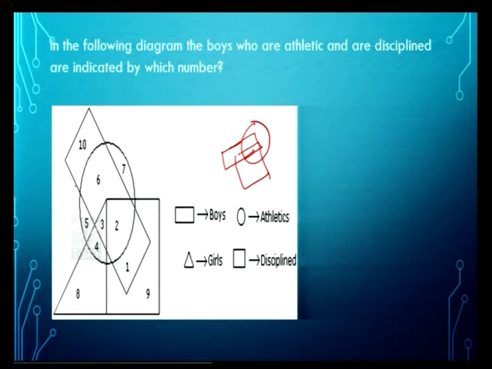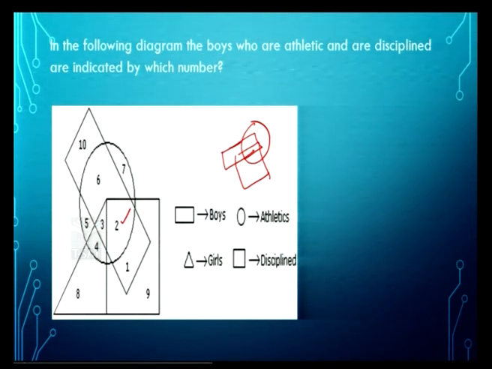This is a rectangle, correct, and 1 is ruled out because 1 is not in the circle. When you consider 2, 2 is in the circle, in the rectangle and in the square. So 2 is the answer, correct. Maybe you have some doubt, so you can check.